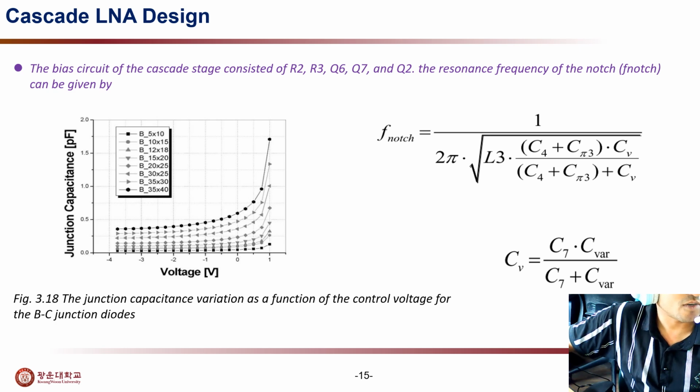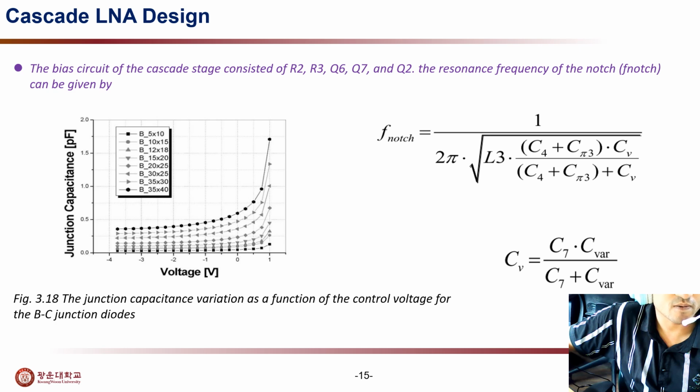That means the bias circuit of the cascode stage consists of R2, R3, Q6, Q7 and Q2 parameters, but the resonance frequency of the notch is given by other parameters, that means inductors and capacitors have a relation with the notch frequency. The notch frequency equals 1 over 2π root over L3 times (C4 + C3)·CB divided by (C4 + C3 + CB), and CB equals C7·CBR divided by (C7 + CBR).